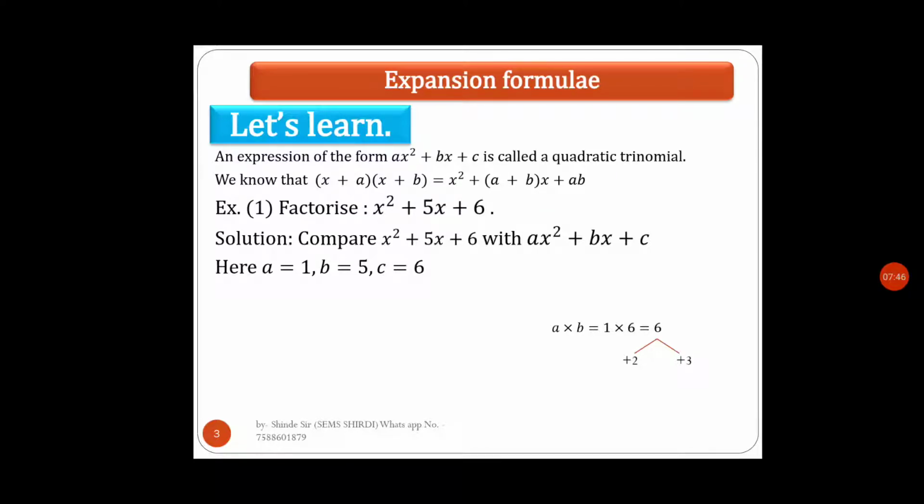Here b is positive, that's why we take both factors of 6 as positive, and using this 2 and 3, we split the middle term like this. Here our original polynomial is x square plus 5x plus 6.